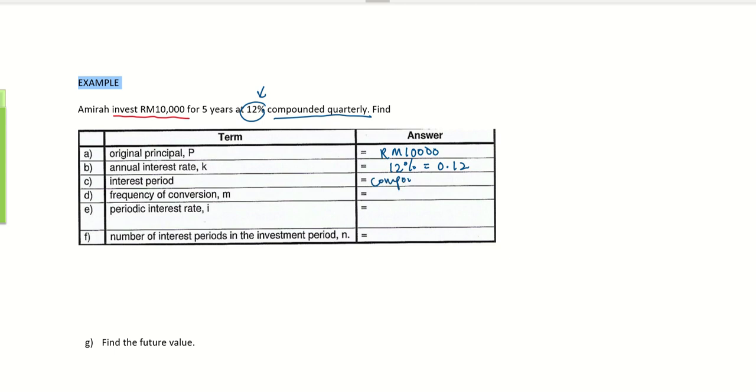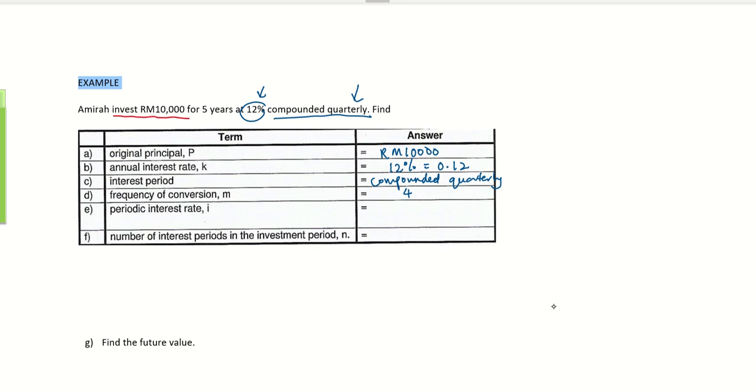Then the frequency of conversion: how many times is interest calculated in a year? It depends on the interest period, which is quarterly, meaning the interest is calculated every 3 months or 4 times in a year. So M is equal to 4.